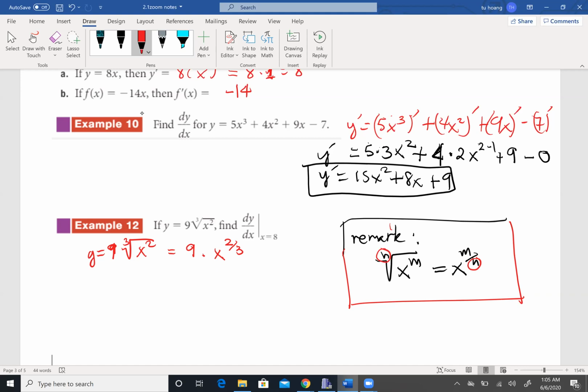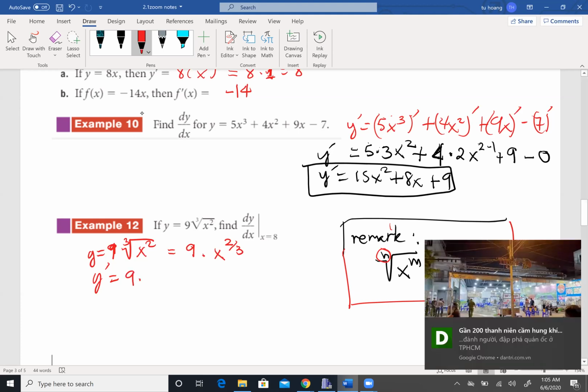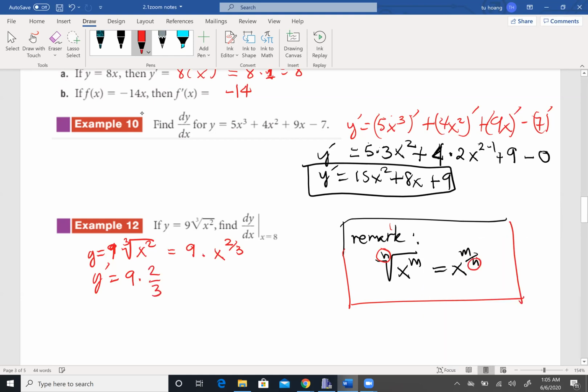So now I will take the derivative of y by using the simple power rule. For this case, again, this is still a constant multiplied by a function. So I keep the constant and then I multiply by the power, put down the power, and then I multiply by x to the whole power, subtract 1.